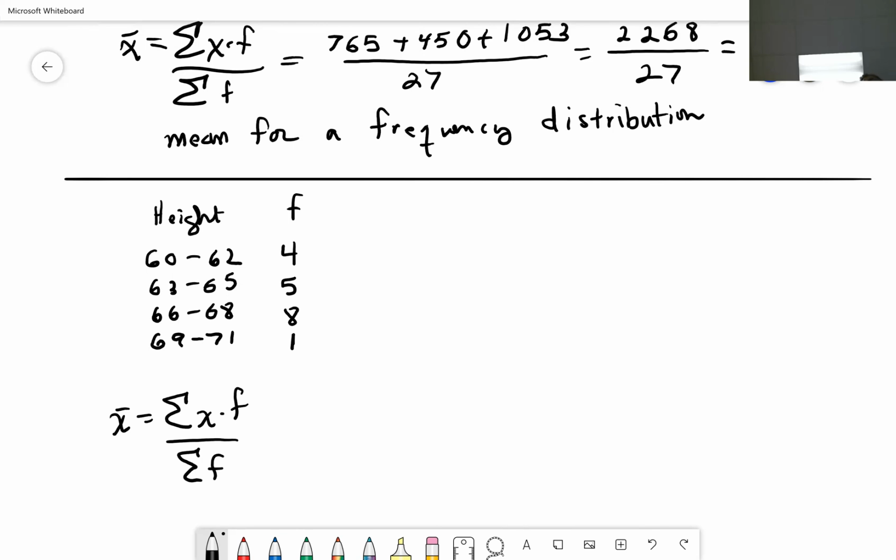See, this is a group frequency distribution. It's the one that we learned how to do early on in this chapter, section 2.1. So what would be the first x? Just think about that.